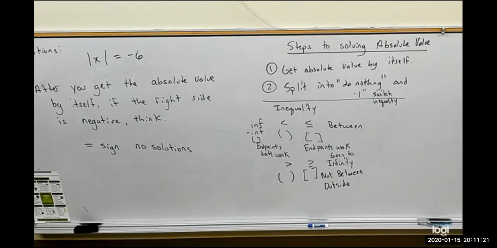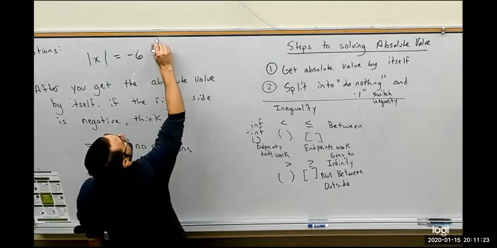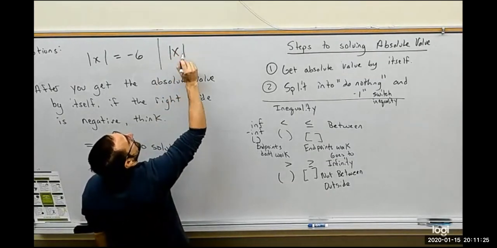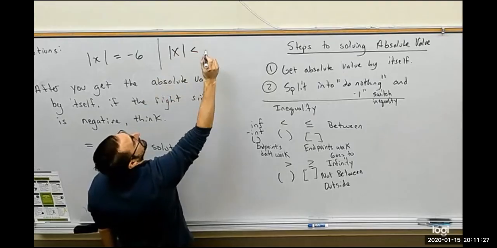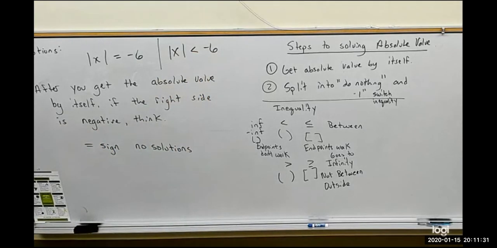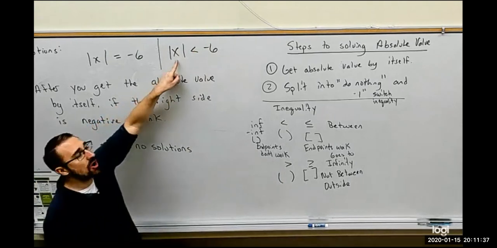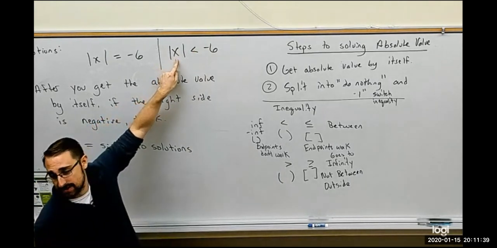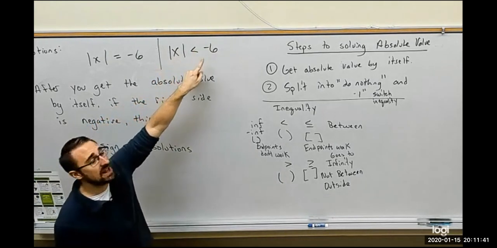What if the absolute value is less than negative 6? No solutions. All right, Jacob says no solutions. You guys agree with him? Is there a positive number that exists that is less than negative 6?